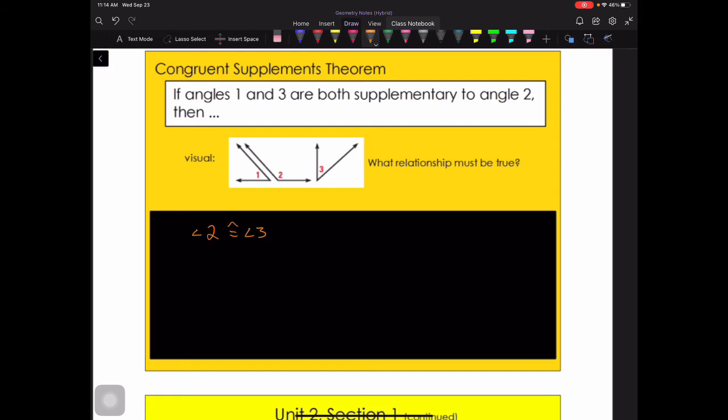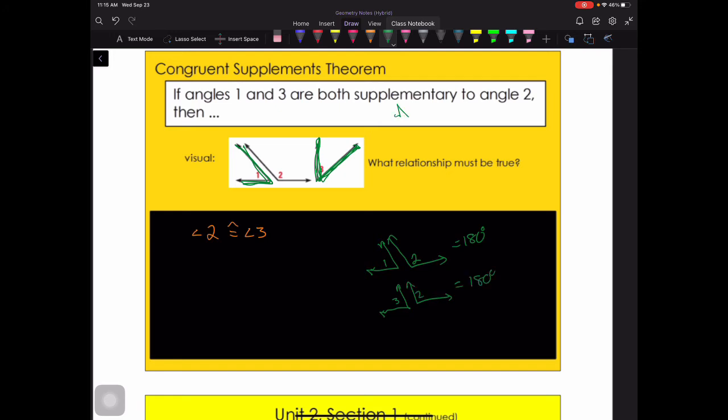So the congruent supplements theorem. We're saying that angle 1 and angle 3 are supplementary to angle 2, meaning I can take angle 1 and put it right here, and they form 180 degrees, or I can take angle 3 and put it there, and those also equal 180 degrees.